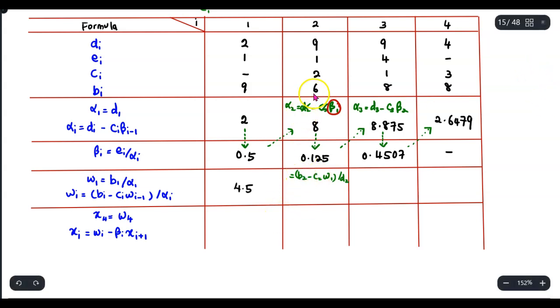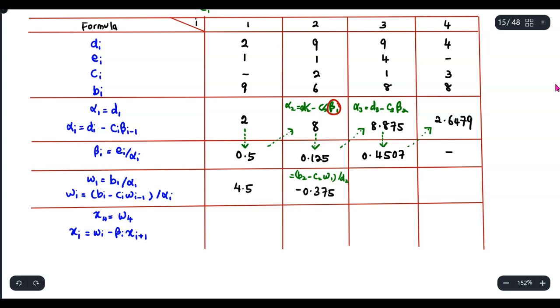So we have B2, which is 6 here, and then C2 is 2, W1, the value that we have just computed earlier, and then D2 is 9. So we can plug in the values easily. So that is supposed to be negative 0.375.